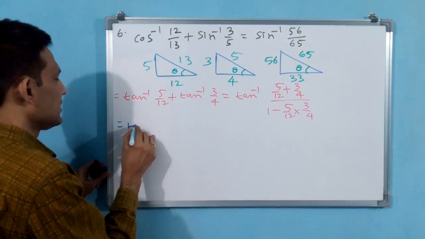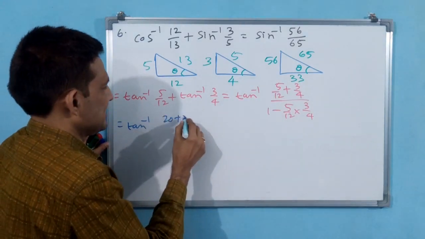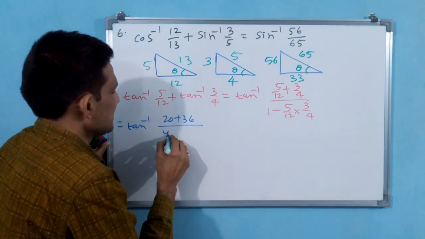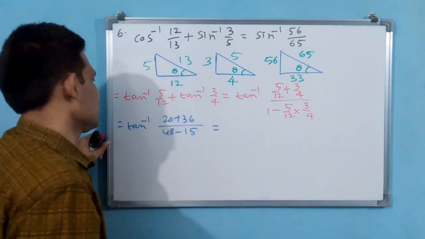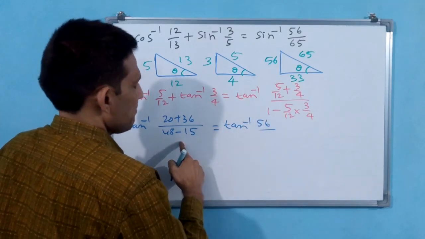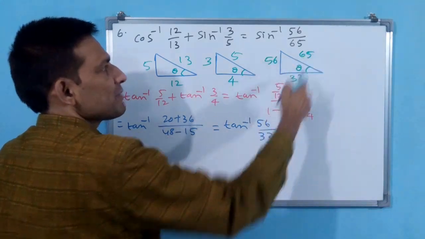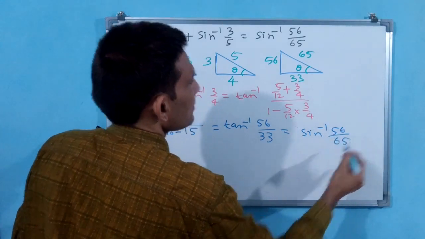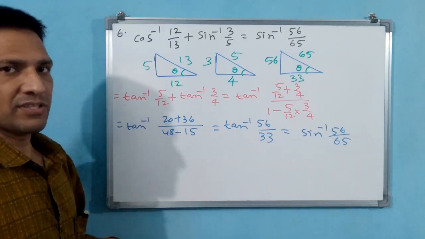Tan inverse, see, 20 plus 36 by 48 we are not writing. 48 minus 15 by 48 also not written, both times. Okay. Tan inverse 56 by 33. See, 56 by 33 comes means you can write sin inverse 56 by 65 also. That is equal to sin inverse 56 by 65. LHS is equal to RHS, hence proved. Okay. This will be your 6th question.